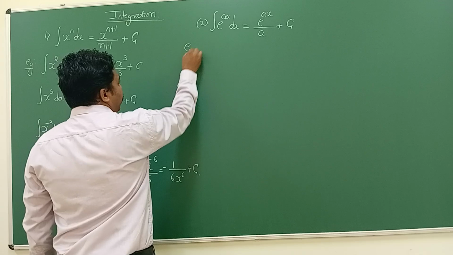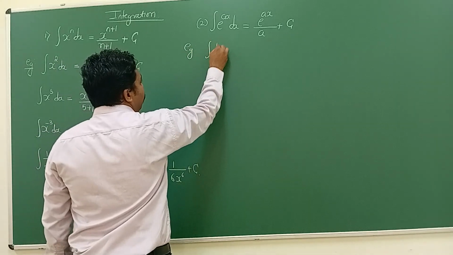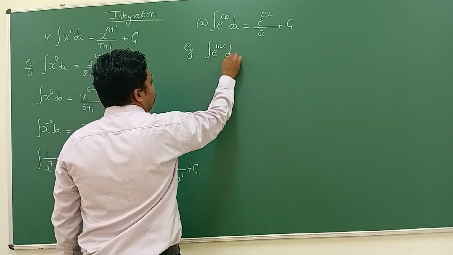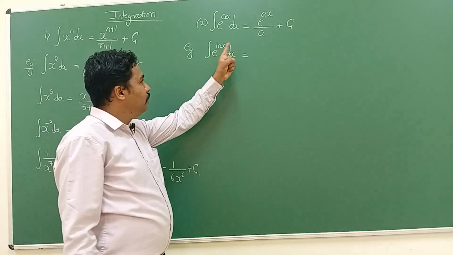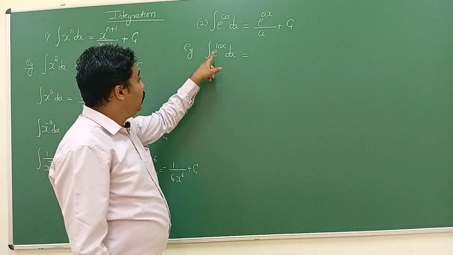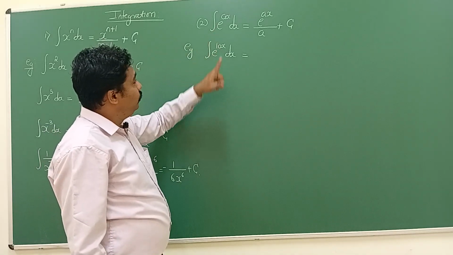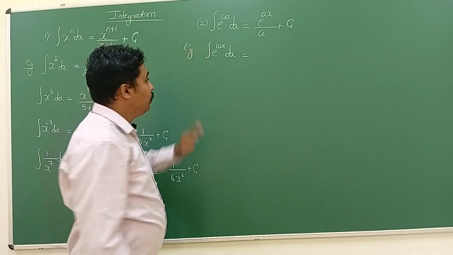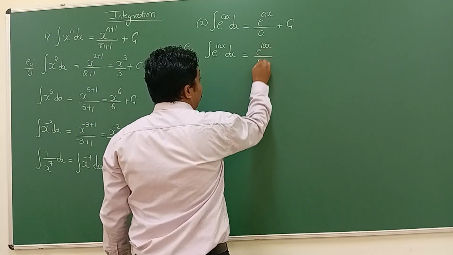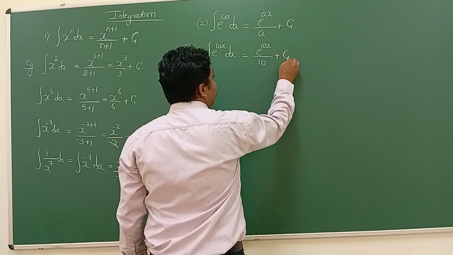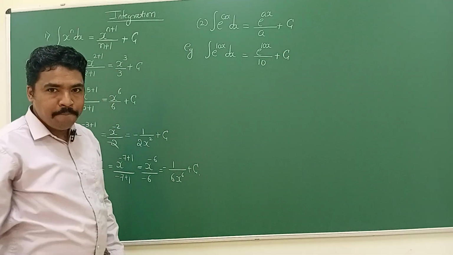For example, the integral of e power 10x dx. If we remember the formula, it is only a substitution of a. On comparing the formula and the problem, the a value is 10. Therefore, it becomes e power 10x by 10 plus some integration constant c.